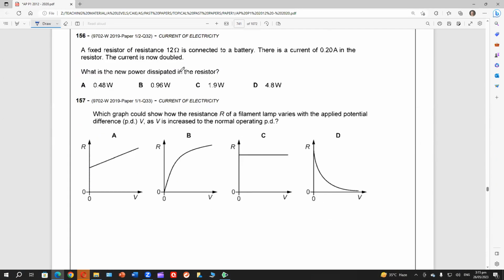Now, which graph could show how the resistance of a filament lamp varies with the applied potential difference as V is increased to the normal operating PD?